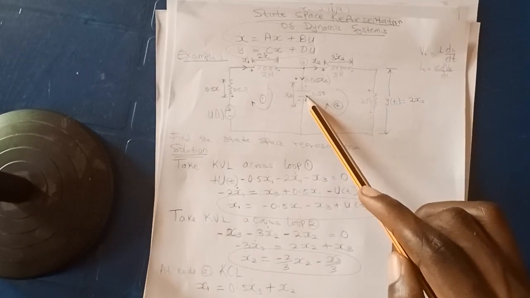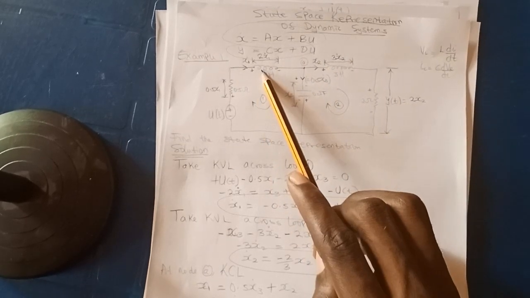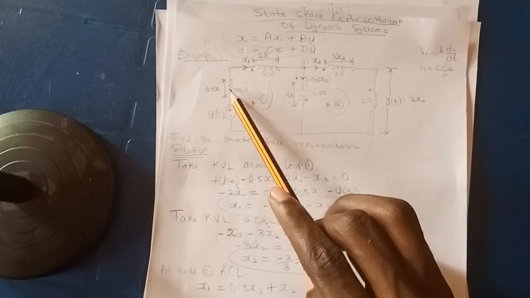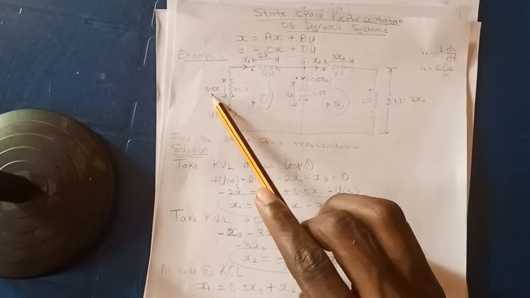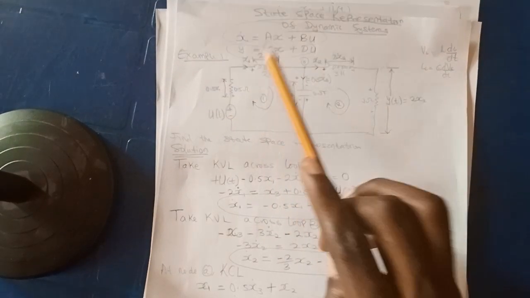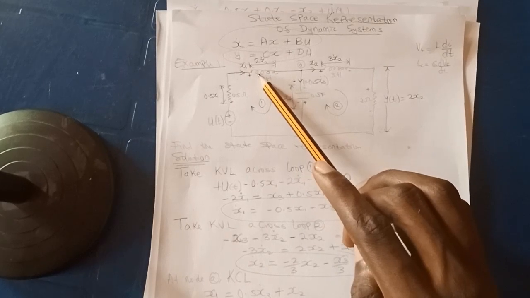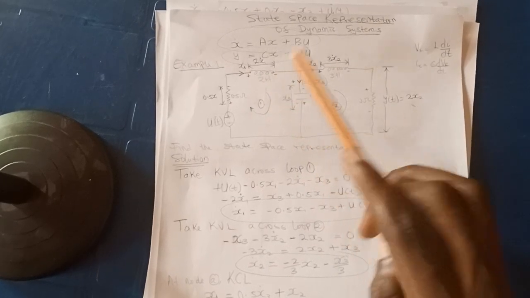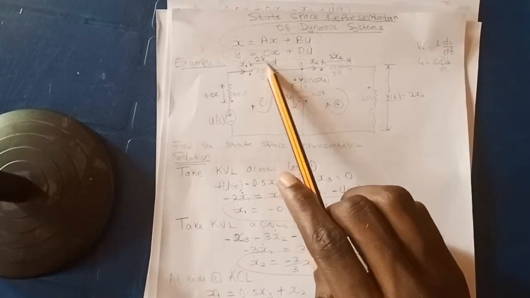All right. So if X1 is the current flowing in this inductor, then we know that the voltage across this particular resistor will be 0.5 times the current, X1. It's natural. If X1 is the current flowing in this inductor, then the voltage across this inductor has to be 2 times X1 dot.